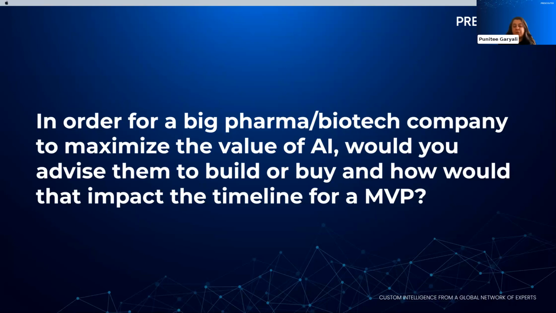So I truly believe it has to be a collaborative endeavor with all partners working together. Big pharma, that's not their expertise. AI technology is not what big pharma is known for. There are specific players, AI experts in the market. So it's a collaborative effort, has to be.